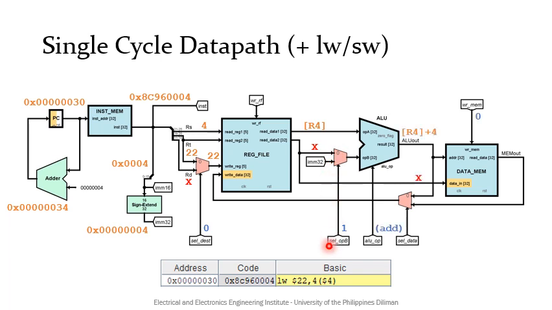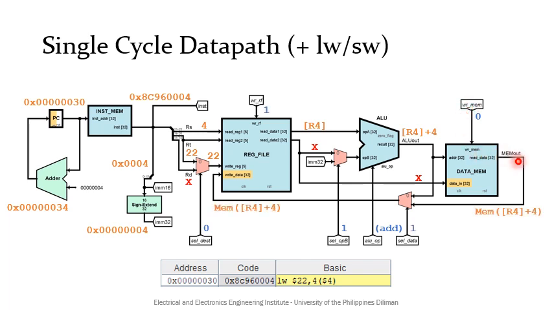After some delay, the ALU will output the effective address and feed it to the data mem. The data mem will also receive some don't care data from read reg 2, which we will not use since write mem is deasserted for load word instructions.